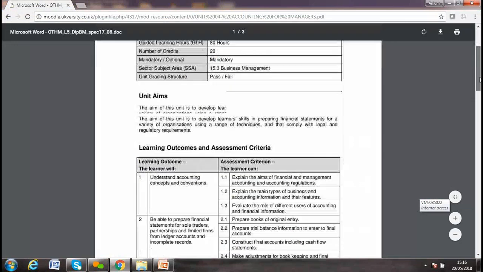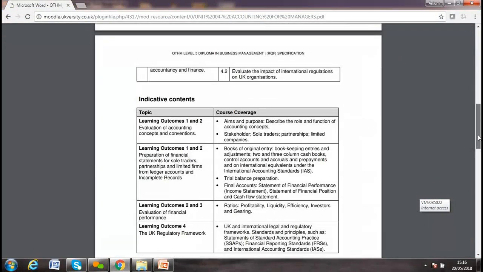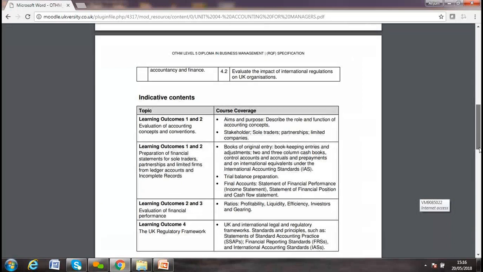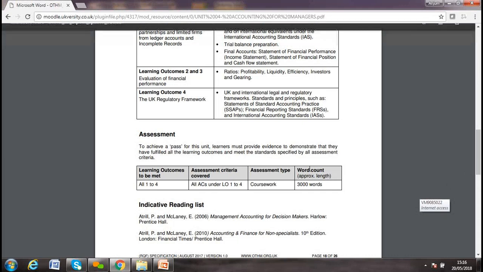So that's LO1. Today our major focus will be on LO1. These are some recommended resources as well. If you want, you can research online. I'll try to upload some electronic versions as well, so you can use them for your assignment.